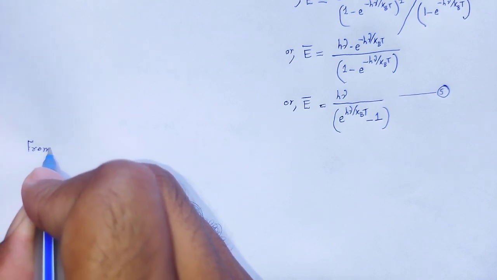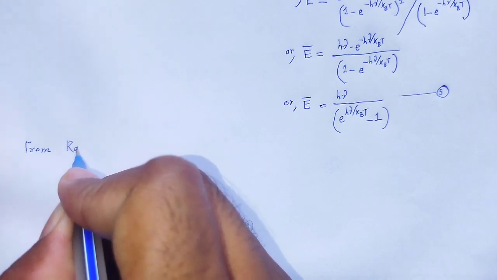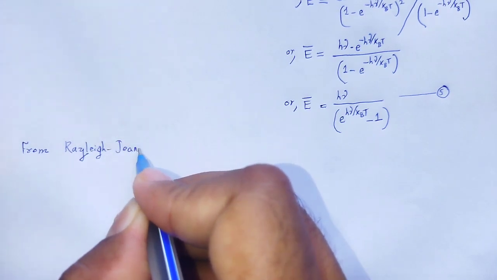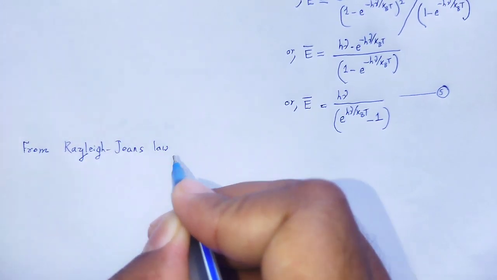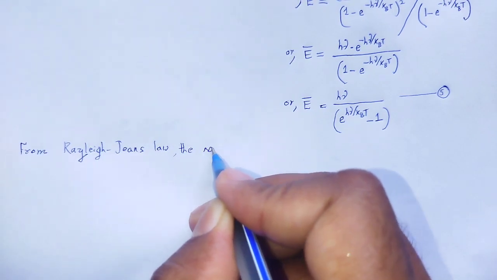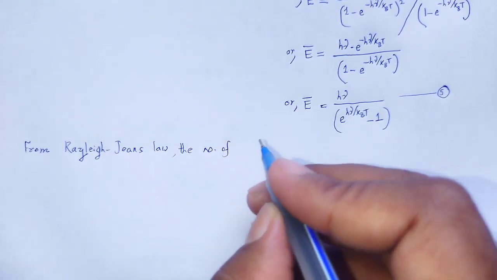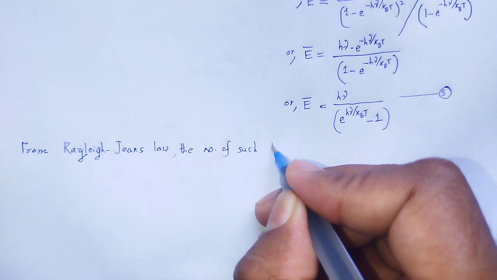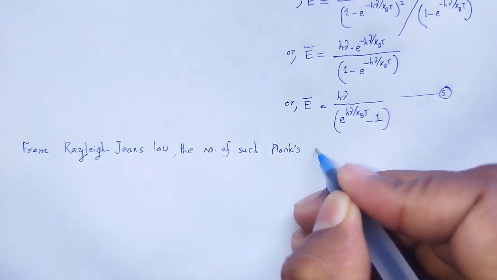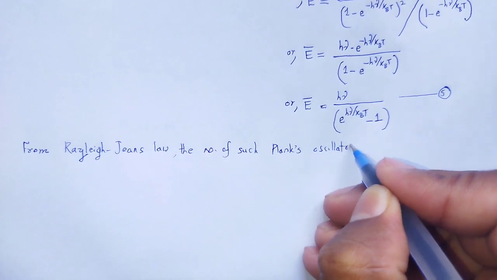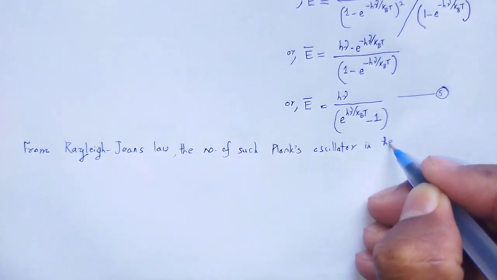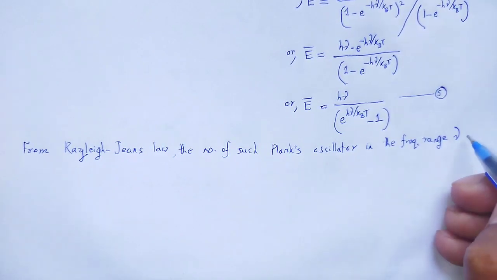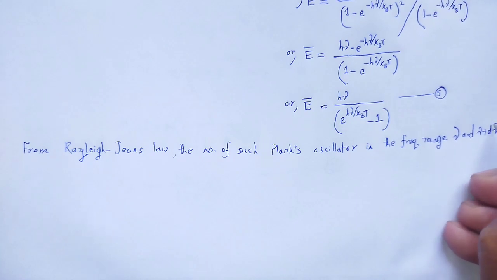From Rayleigh-Jeans law, the number of such Planck's oscillators in the frequency range nu and nu plus d nu.